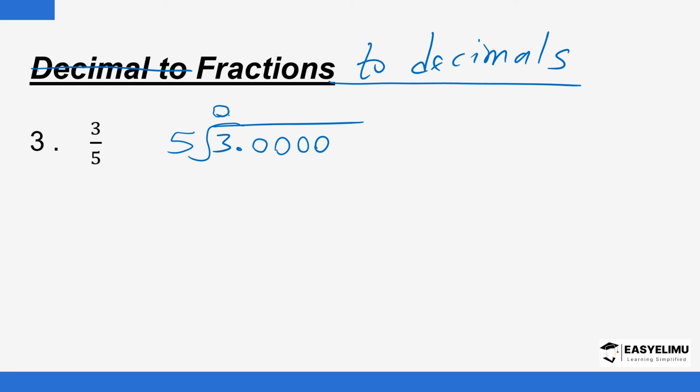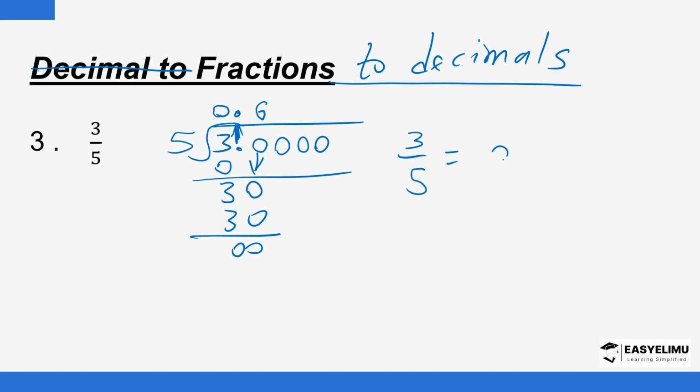So you write 0. 0 times 5 is 0. And then you subtract. This is 3. And then you drop this 0 here. And then 30 divided by 5 is 6. You write it on top of the next digit. And 6 times 5 is 30. So that is 0, 0. And then the decimal point jumps up there. So 3 over 5 is equal to 0.6.